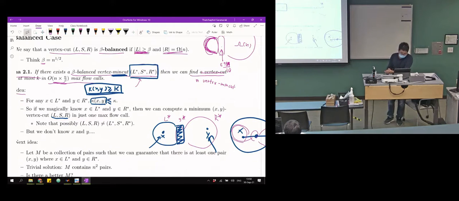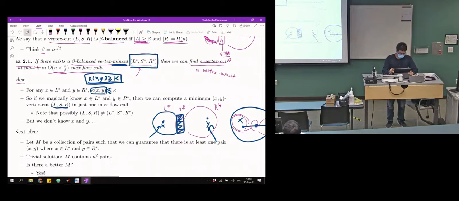We know there is a trivial collection of pairs, which is all pairs. That's n squared. That's bad. But is there a better collection of pairs? This is where Ramanujan graph comes into play.